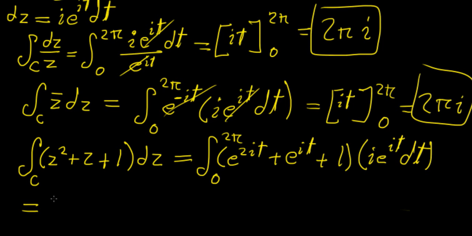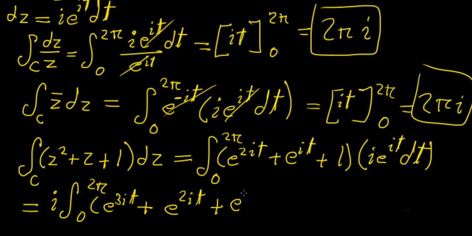So we get the integral again, from 0 to 2 pi, of i times e to the 3it plus e to the 2it plus e to the it, dt.